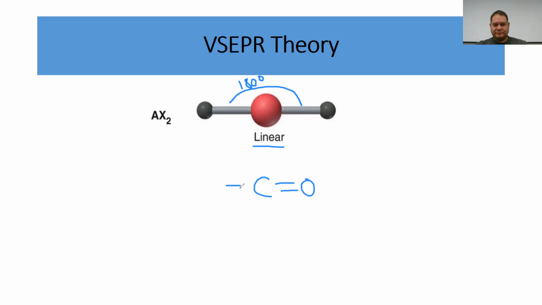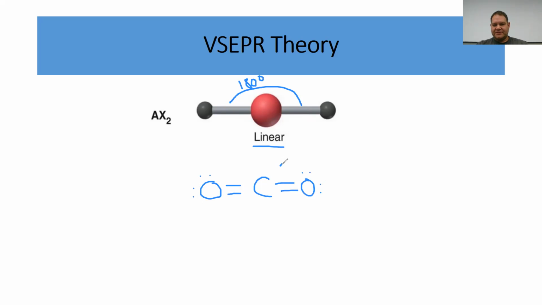All right, carbon dioxide, if we draw the Lewis structure for it, is going to look like this. The double bonds are going to act as one domain, right?